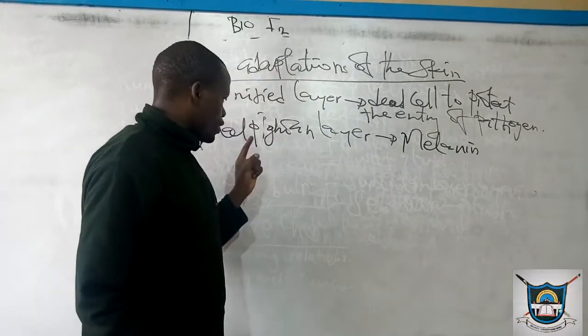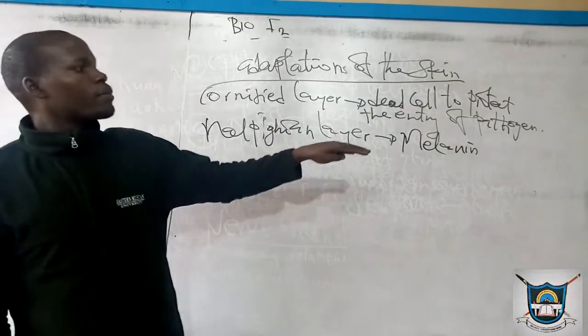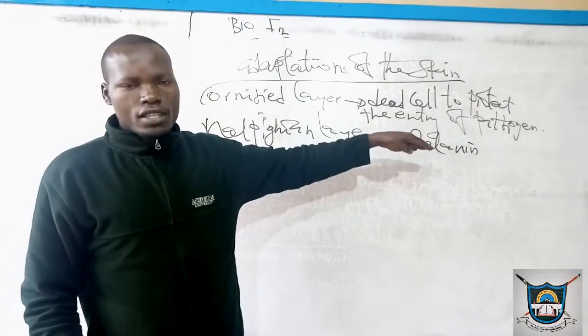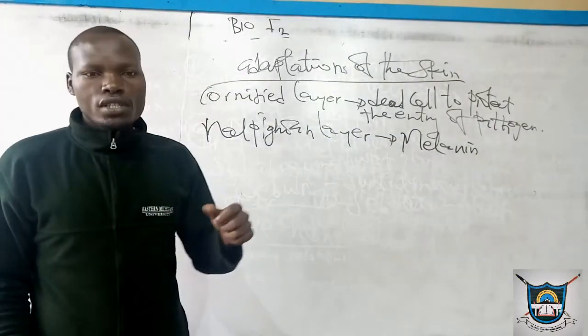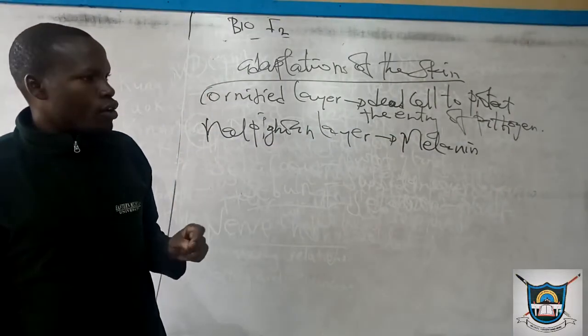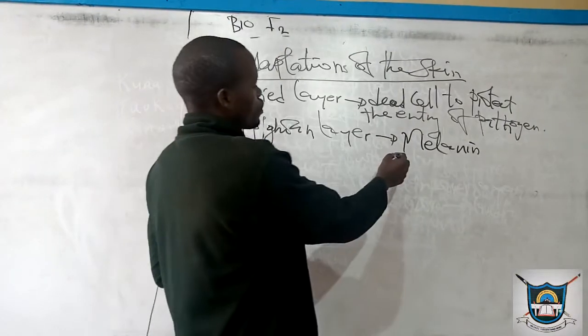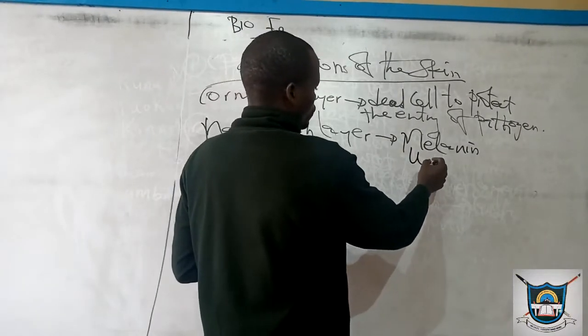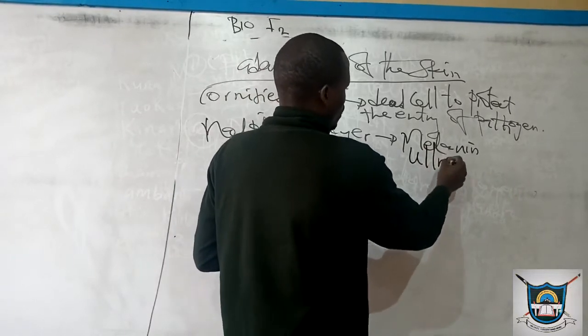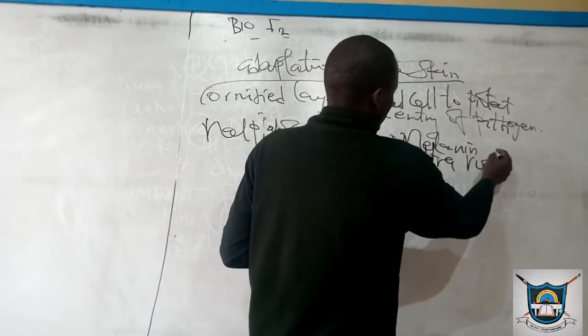Within the Malpighian layer, we have a pigment called melanin. This melanin gives the skin the ability to protect itself from the UV, what we call the ultraviolet rays.